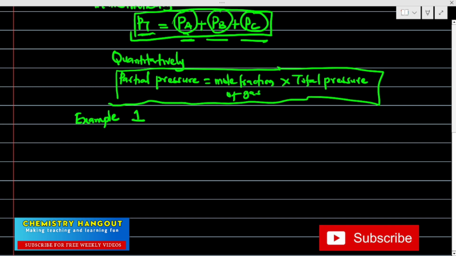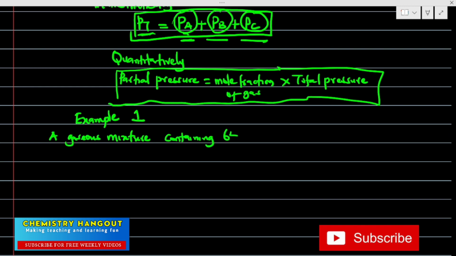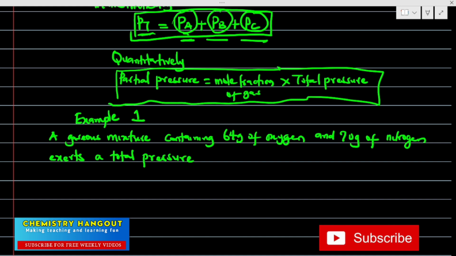Okay, so we have example one, that a gaseous mixture containing 64 grams of oxygen and 70 grams of nitrogen exerts a total pressure of 1.80 atm. That's atmospheric pressure.